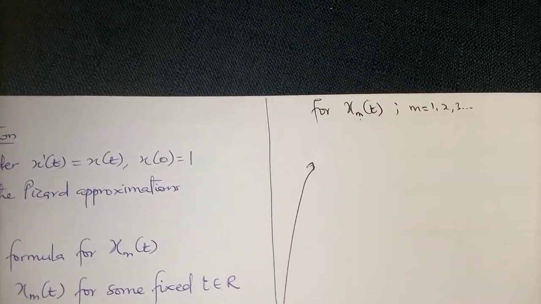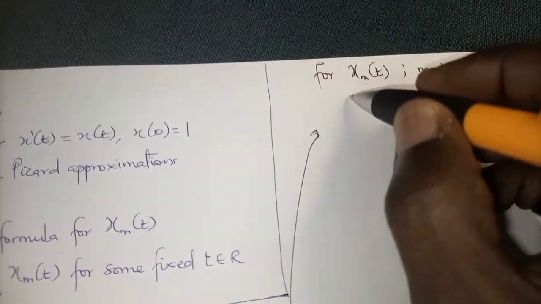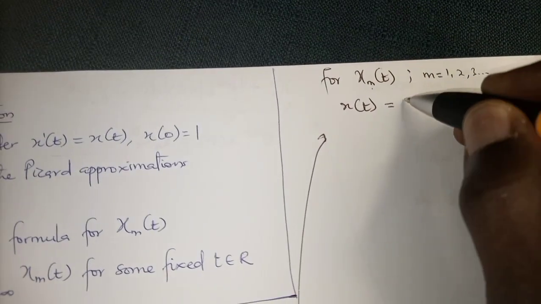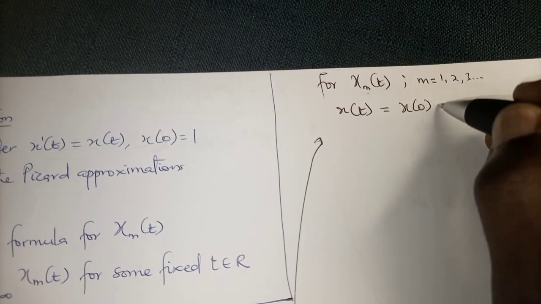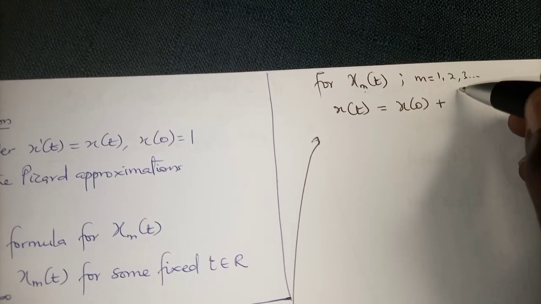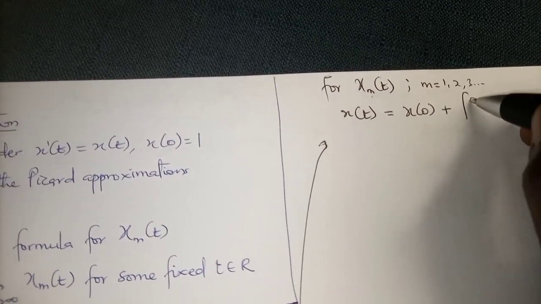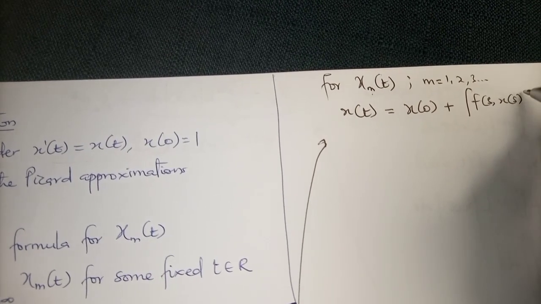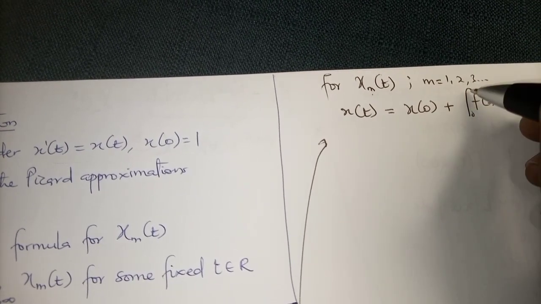We just take the same equation that we had before: x of t equals x of 0 plus the integral from 0 to t of f of s, x of s ds.